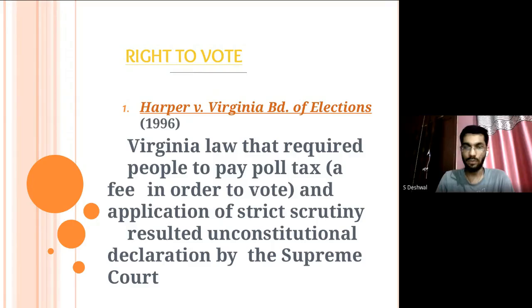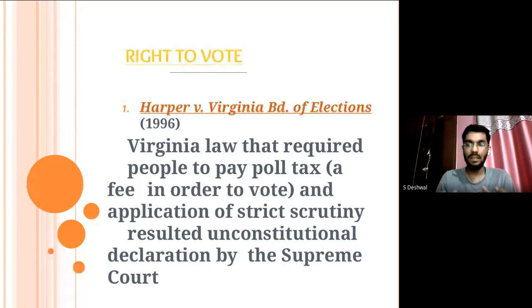So please take a kind note of it, that law that required people to pay poll tax have been held unconstitutional by the Supreme Court. So this was the dictum of Harper versus Virginia Board of Elections, a case of year 1996.